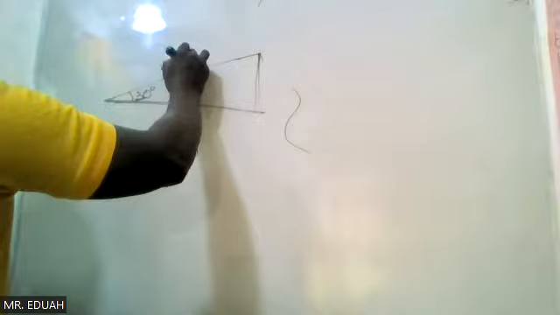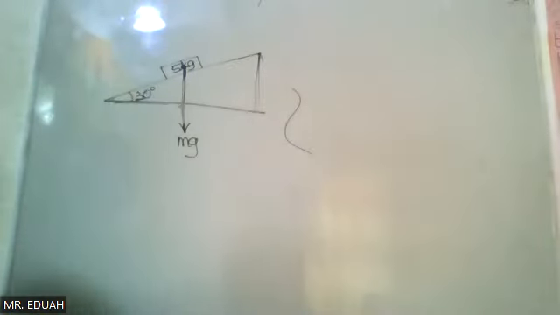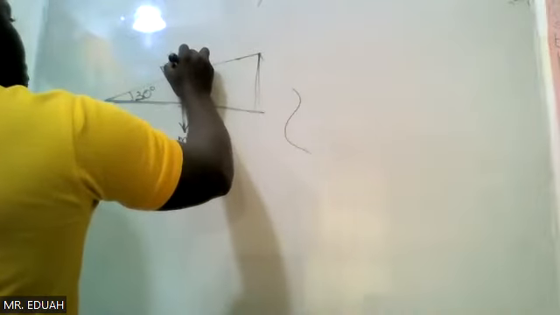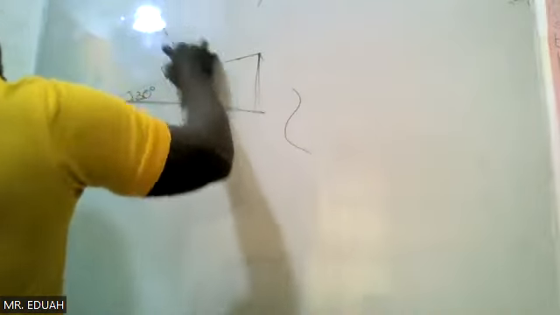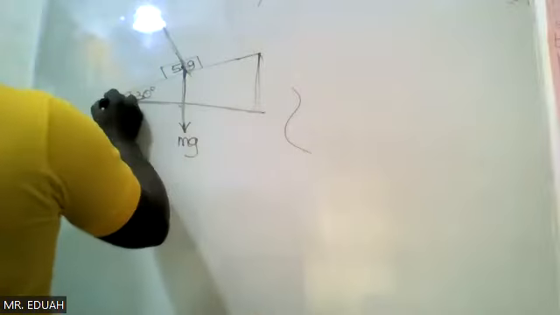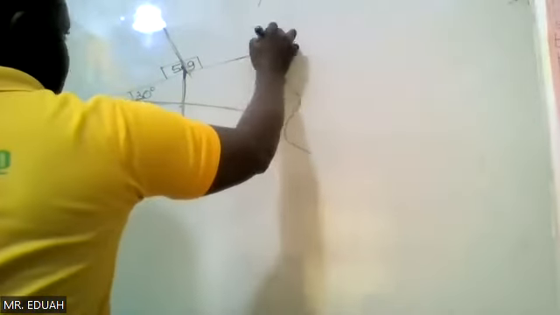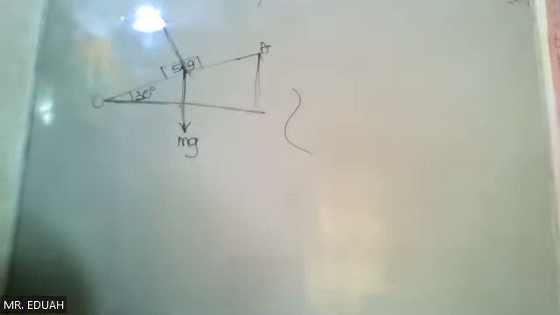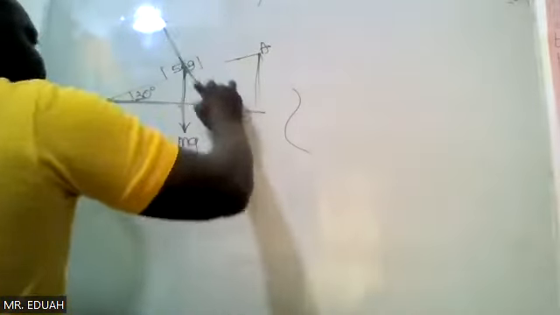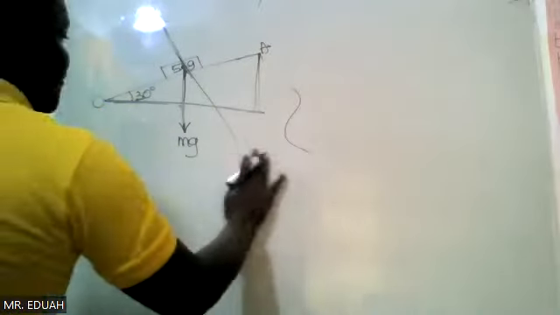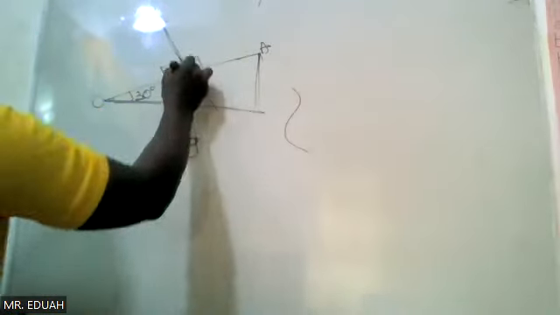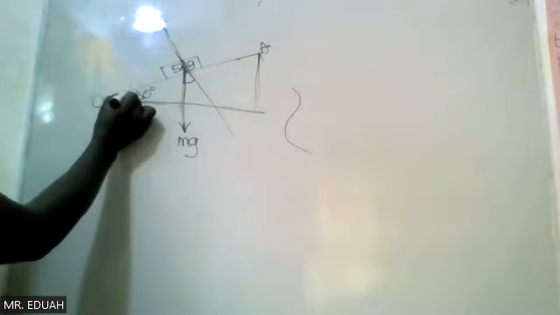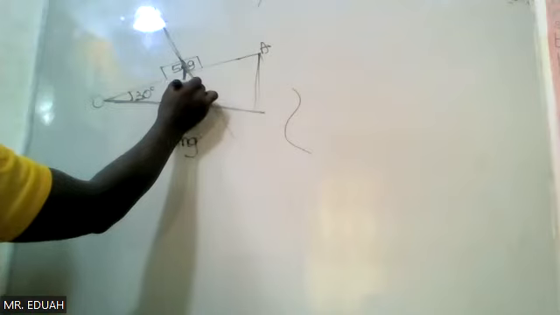Now the reactional force, which is responsible for pressing the body onto the surface, is always perpendicular to the plane. This is the plane OA, and the reactional force R is always perpendicular to it. When we extend this line, the angle between the weight vector and the reaction vector is the same as the angle of tilt, 30.